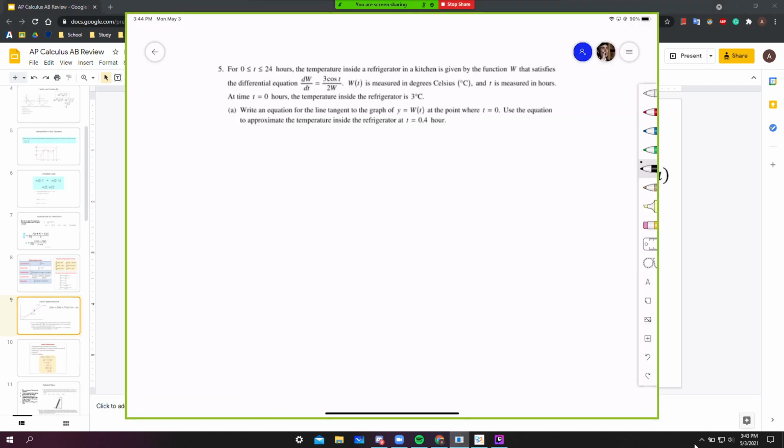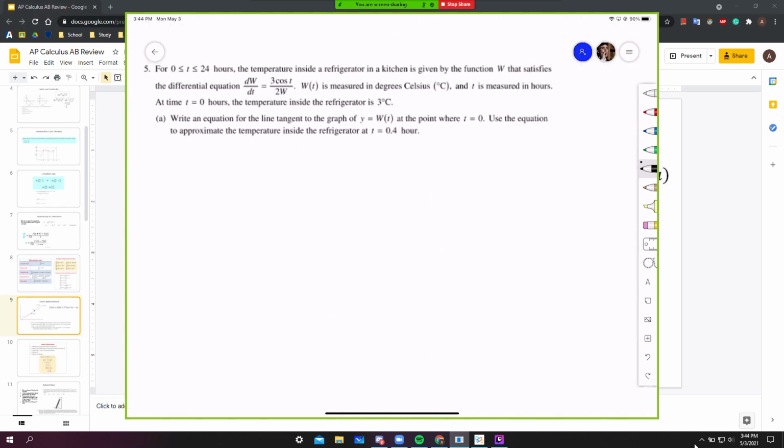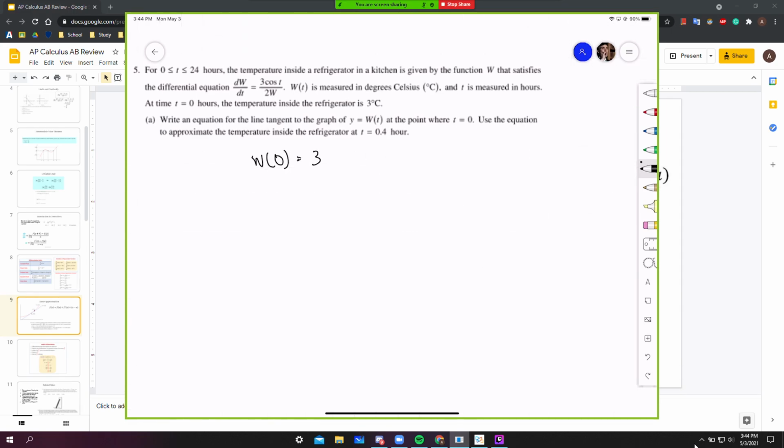Okay. So for t between 0 and 24 hours, the temperature inside a fridge in a kitchen is given by the function w that satisfies the differential equation dw over dt equals 3 cosine t over 2w. At t equals 0, the temperature is 3. So we know that w of 0 equals 3. Write the equation for the line tangent to the graph at t equals 0.